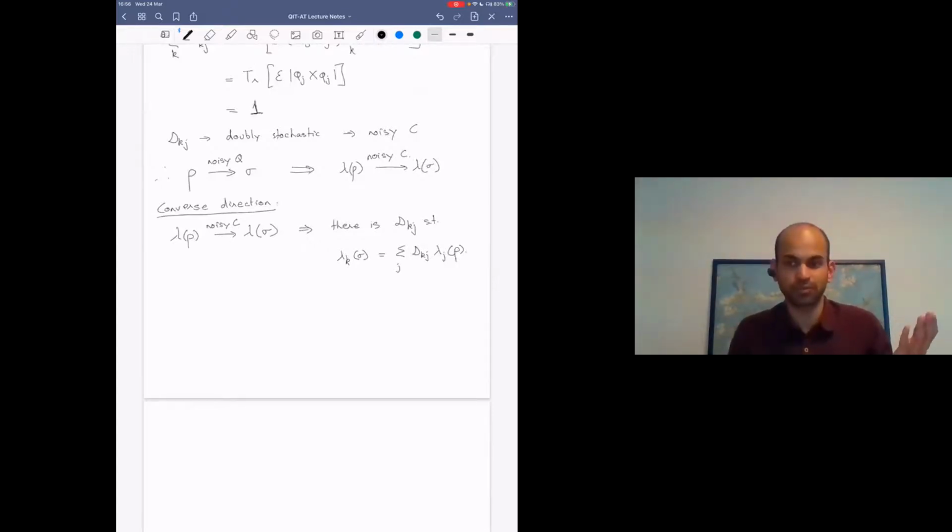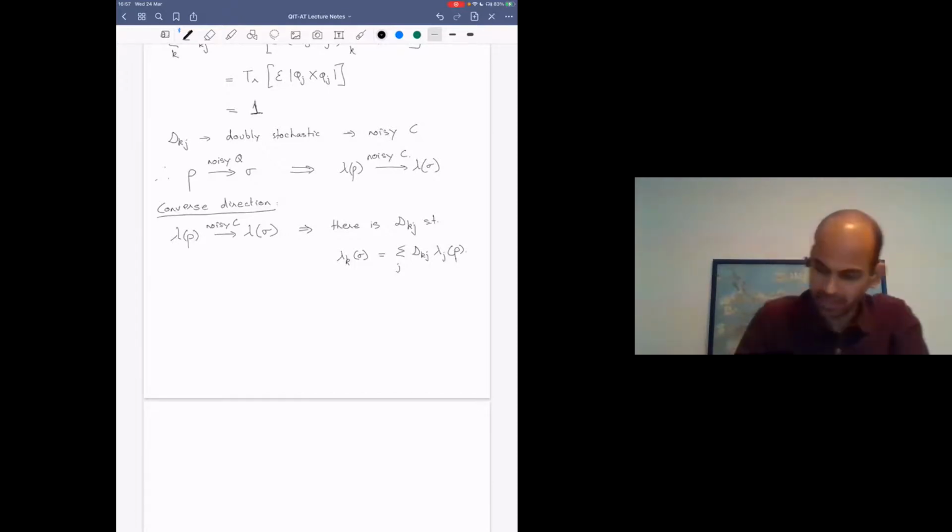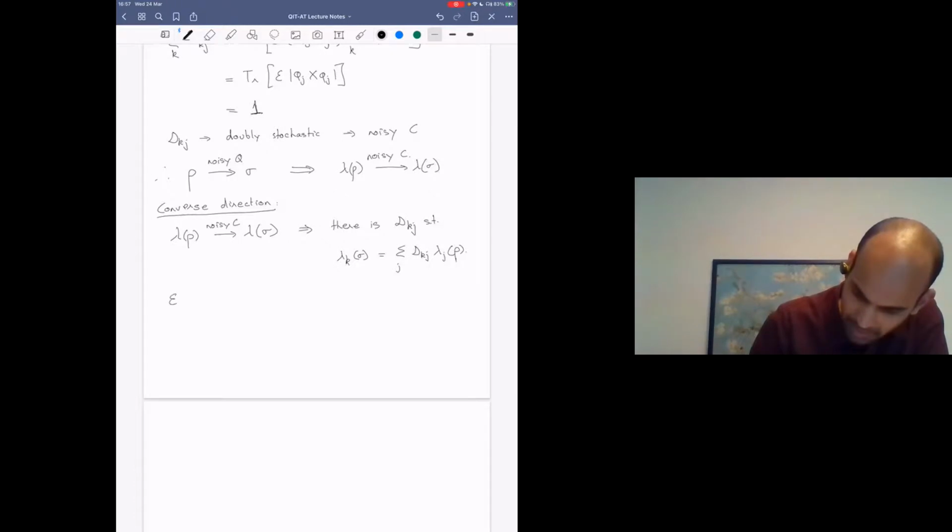All we need to do is to add the condition that the eigenvectors get taken to the eigenvectors. So we simply define a map like that. So with every d_kj, what you do is, so this is a map acting on rho, you take rho, you check whether it's in the state phi_j.